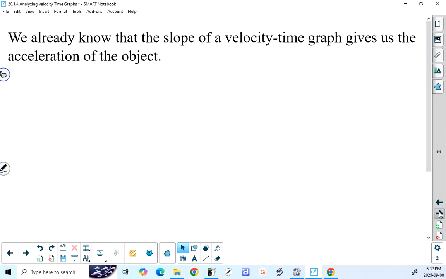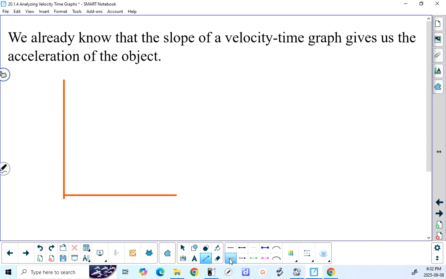So to begin with, as I said, you should know that the slope of a velocity time graph will give you acceleration. The reason for that, and we've talked about this before, is fairly straightforward. If you have a graph in which velocity, and I'll just go with uniform acceleration, is changing in this fashion.